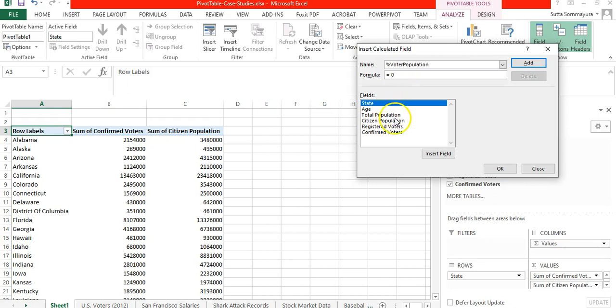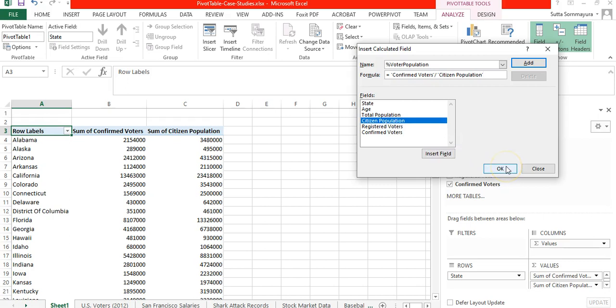Then water population is the ratio between, in the formula, confirmed water divided by citizen population.